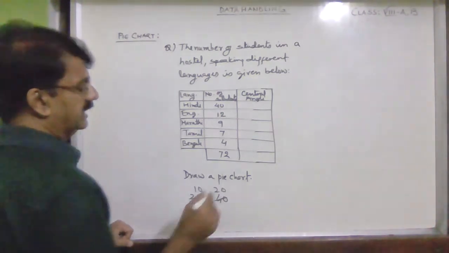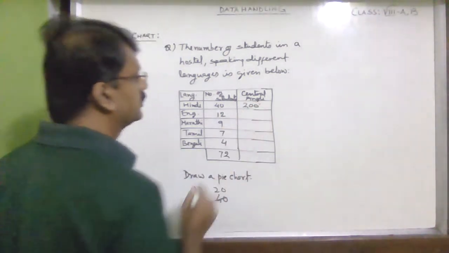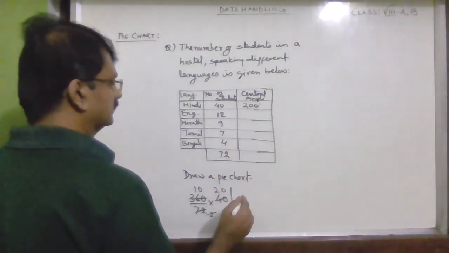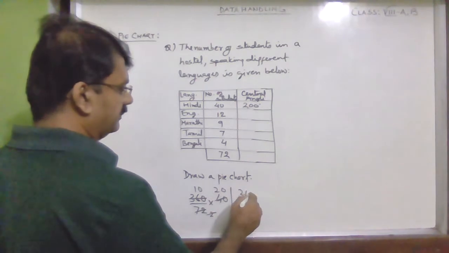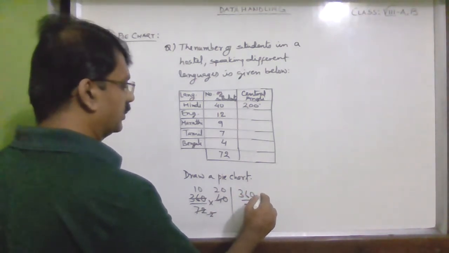So you can see the angle is 200 degrees. Now the next one, 360 upon 72 into 12.